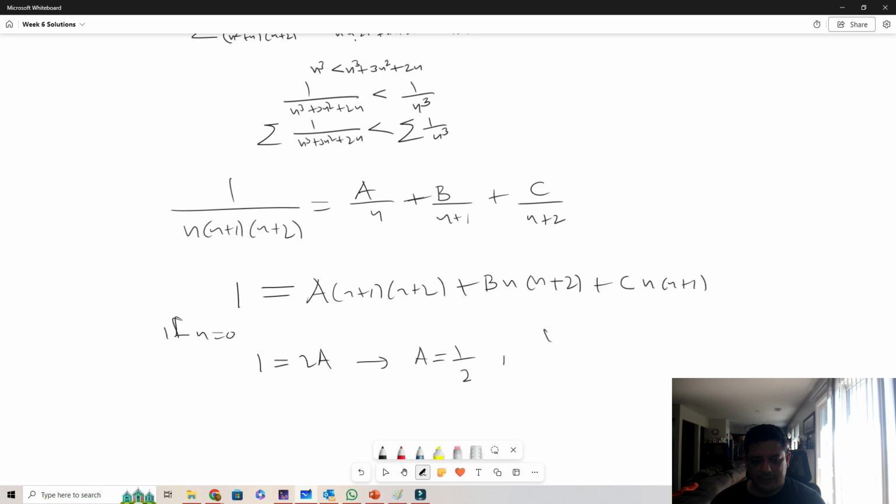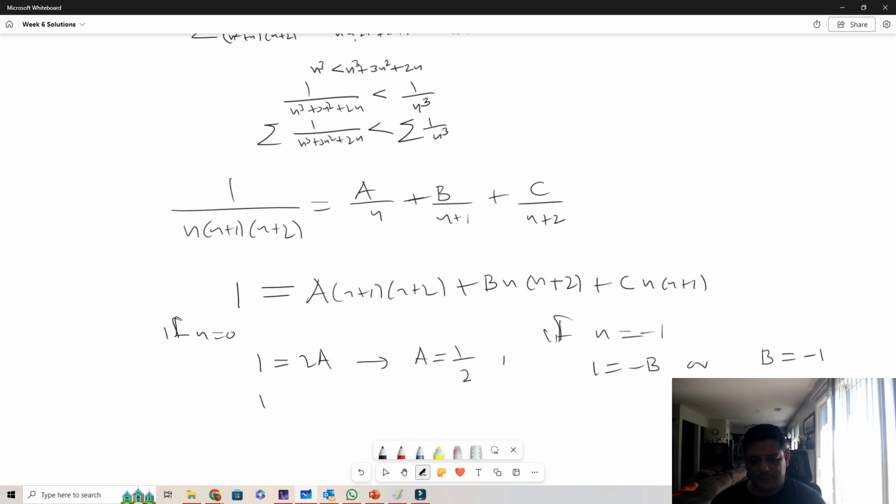Now if n equals -1, then this goes away, and we get this one. And then this gets me a 1, and this gets me a minus b. So 1 equals minus b, or b equals -1.